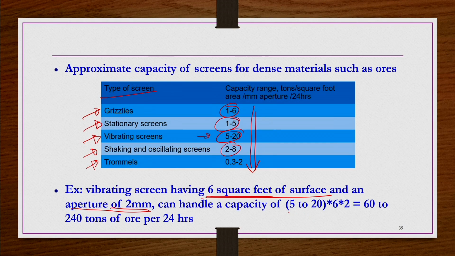Then according to this table, the capacity should be 5 to 20 multiplied by 6 multiplied by 2. So you get 60 to 240 tons of ores per 24 hours that it can handle.